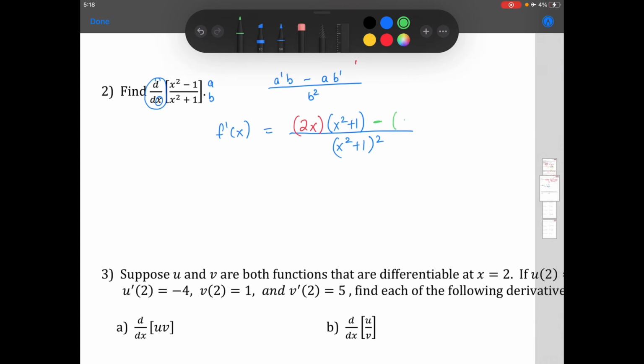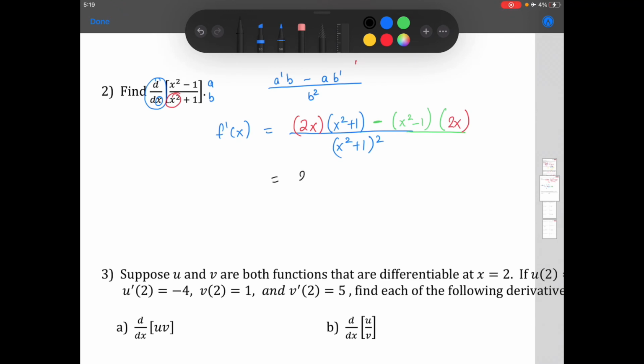minus my numerator, which is x squared minus 1, times the derivative of my denominator, which also happens to be 2x, because the derivative of x squared is just 2x and the derivative of a constant is 0. So I'm going to simplify the numerator a little. What do I get?